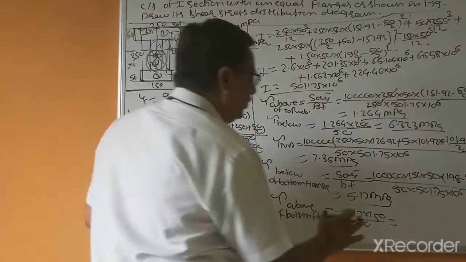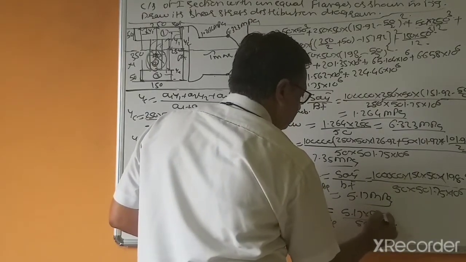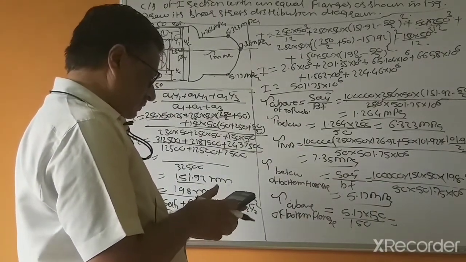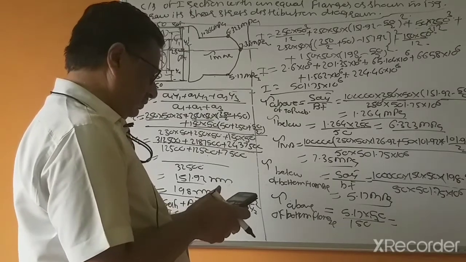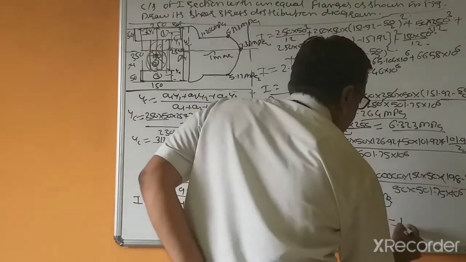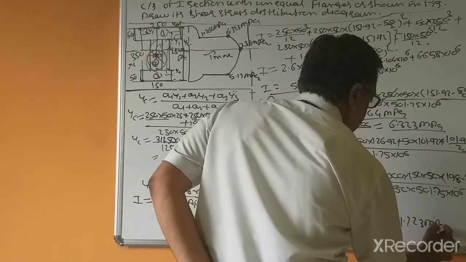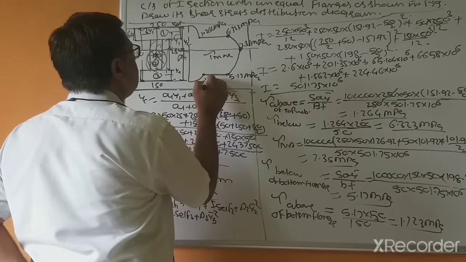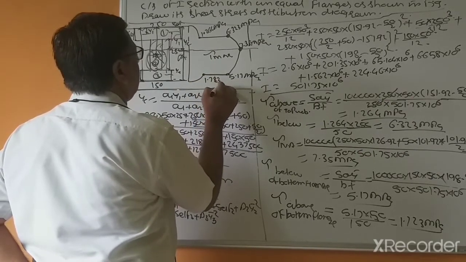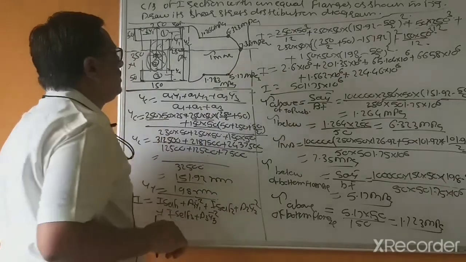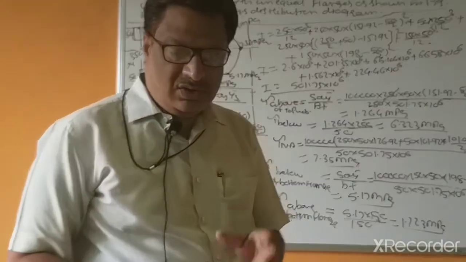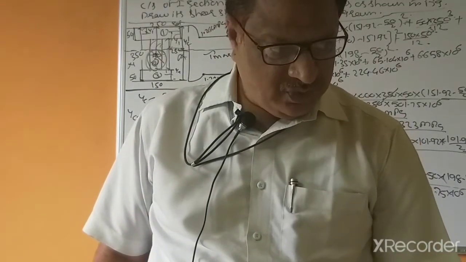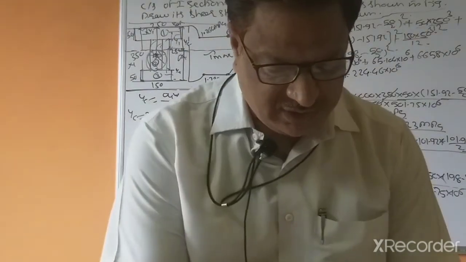Sorry, 50 divided by 150. 1.723 megapascal. 1.723 megapascals. So that's why this is the solution. Now you understand this whole chapter, shearing stresses.